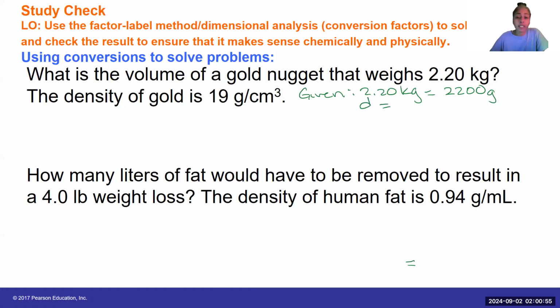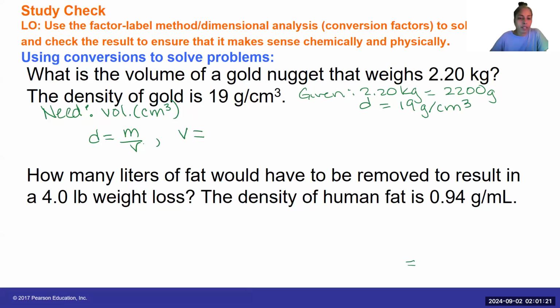We're given our density, that is 19 grams per cubic centimeter. We need our volume in cubic centimeter. If there's no specific units that are requested in your problem, you use the units that you have in your conversion to give you your final answer. So we need to rearrange this equation to give us the volume.